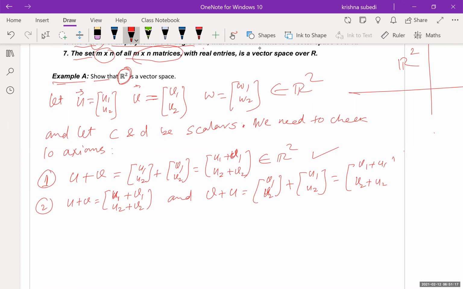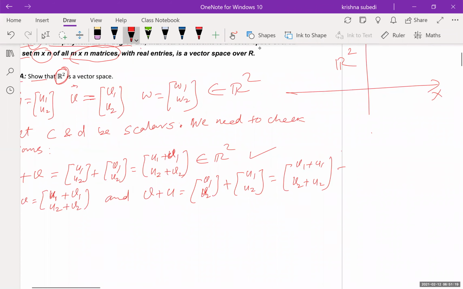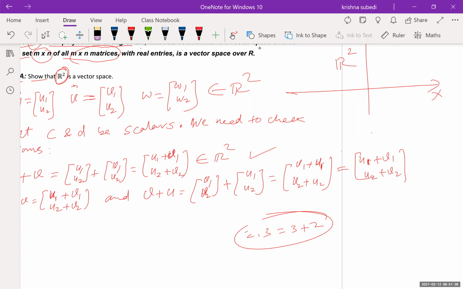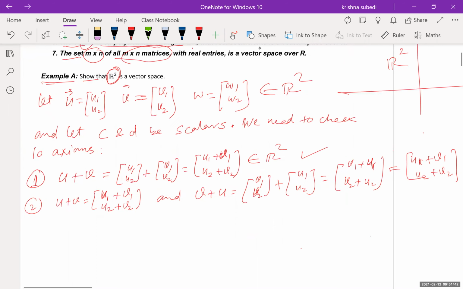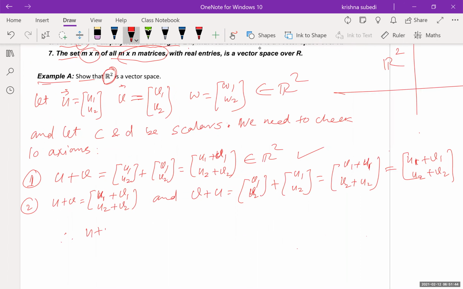So we can actually write this because this is addition. If it is a subtraction, then we cannot switch it. We know that 2 plus 3 equals 3 plus 2. We can write this way, right? So we can write u1 plus v1, u2 plus v2. They are equal. So what we prove here is that u plus v equals v plus u.